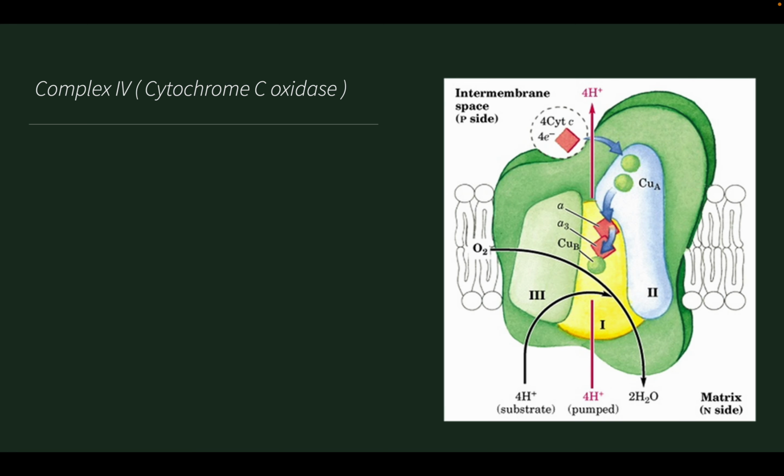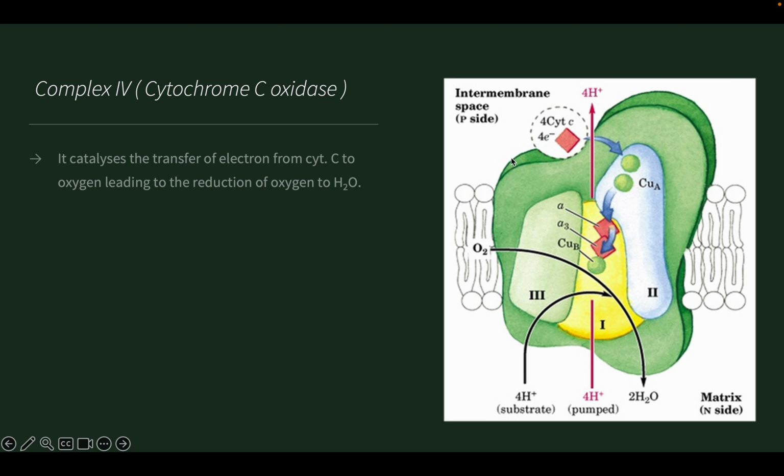So next is complex 4. Now we have the electrons in cytochrome C, 2 from each complex, and during this process it transfers the electron to oxygen to form H2O. So per H2O formed, 2 protons are used.